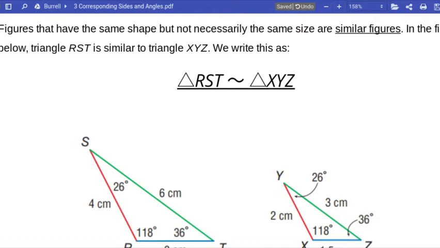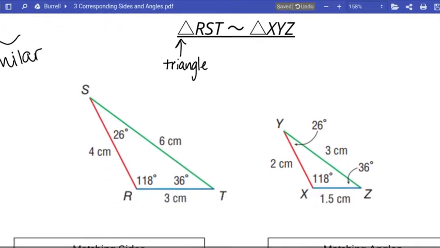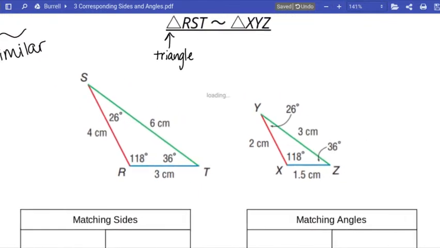We write this as triangle symbol, that just means triangle, triangle RST, and then the single squiggly, this one doesn't have the equal sign underneath it, means similar. So triangle RST is similar to triangle XYZ. Now, since these are the same shape but not the same size, something we'll notice is true with them.